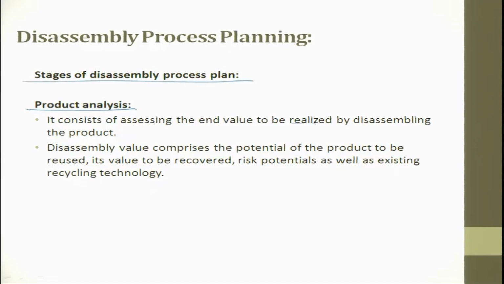Disassembly value comprises the potential of the product to be reused, its value to be recovered, risk potential as well as existing recycling technology. So, this point is very, very important. All these things are thought of as product analysis.